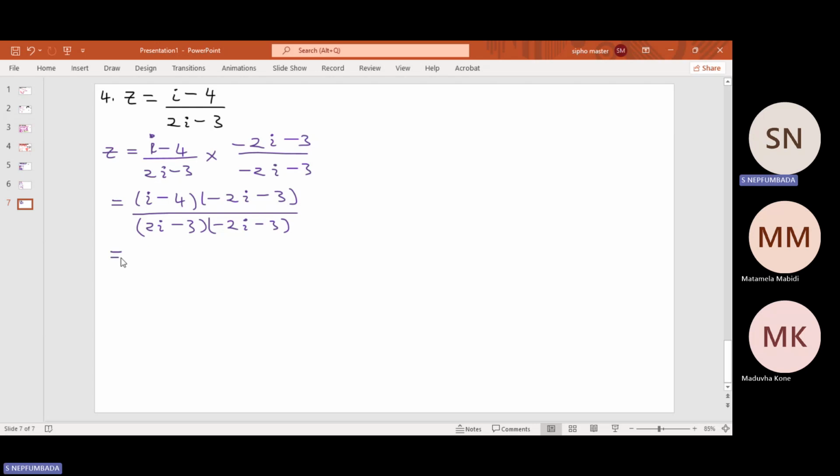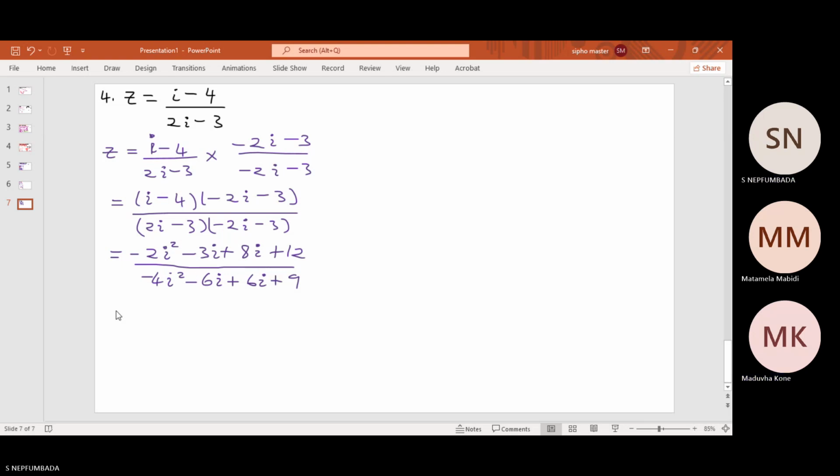Then when we remove the brackets, we're going to have negative 2i squared minus 3i plus 8i plus 12, then divided by minus 4i squared minus 6i plus 6i plus 9. Is that so? Yes.